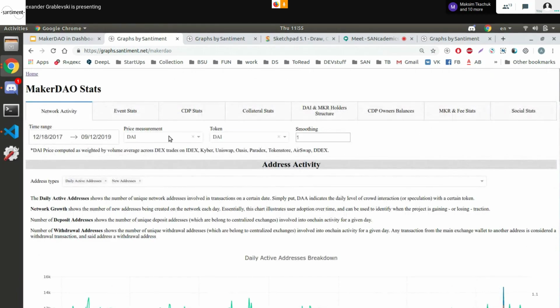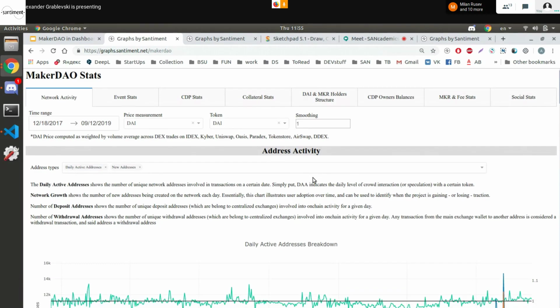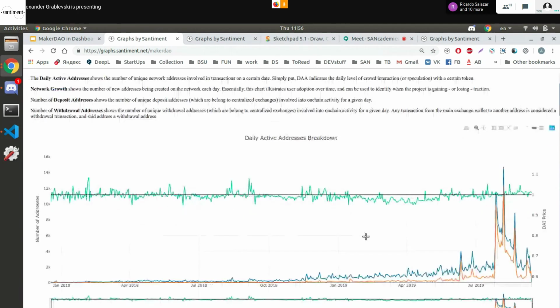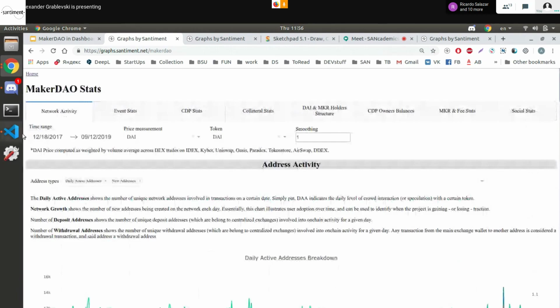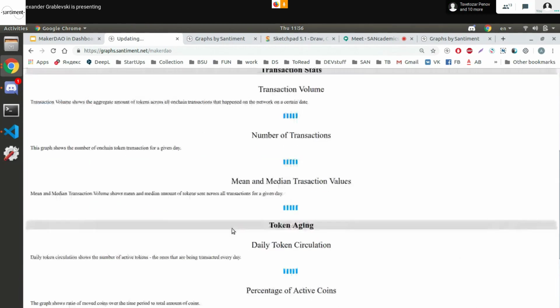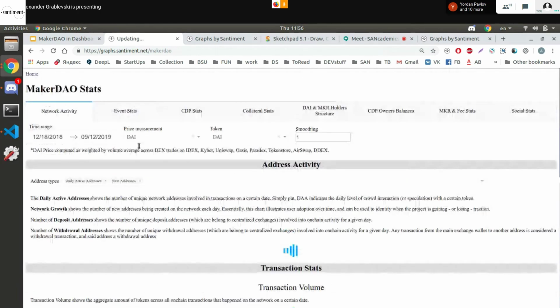It has several controllers: time range, price management, token, and smoothing. Time range is for specifying a given time range for all graphs. For example, with this one, all graphs are changed to apply this time range.